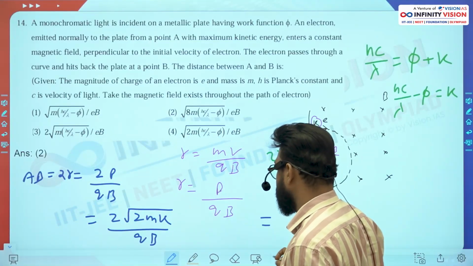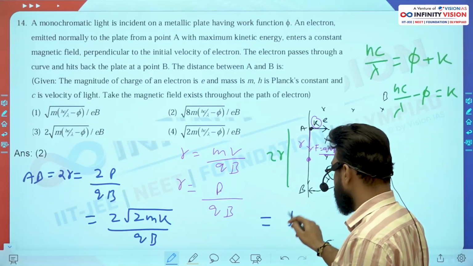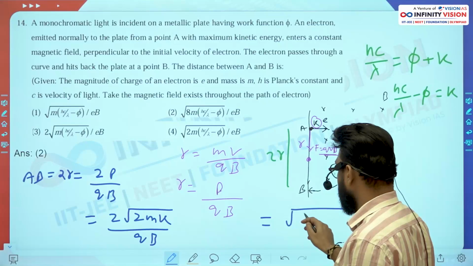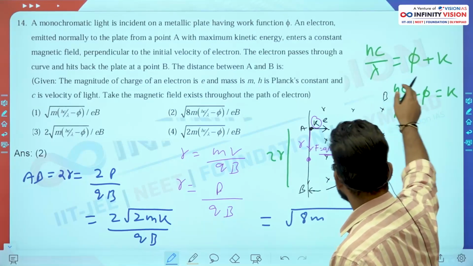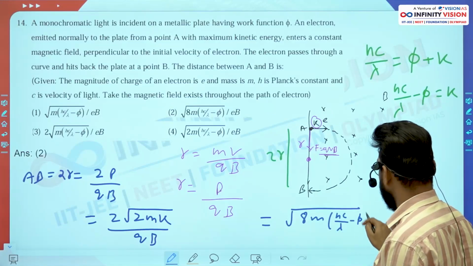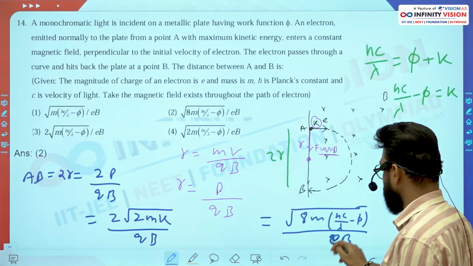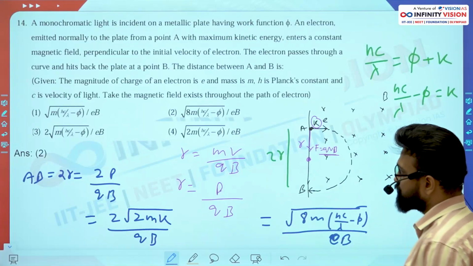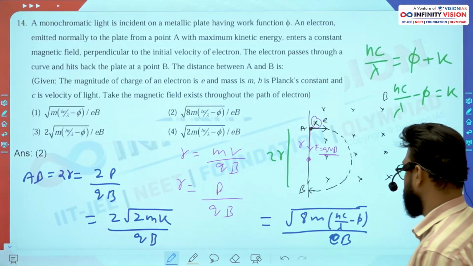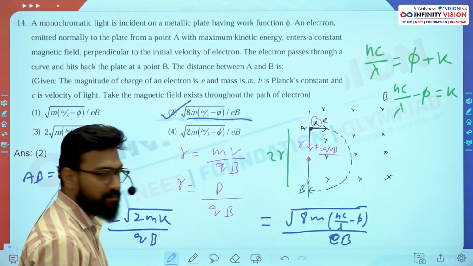Okay, from this the 2 is going to go inside, and we have 8m. Kinetic energy is given as hc by lambda minus phi, by e into B, as the charge of the electron is e. Which option are we getting? The second option is the correct option that we are getting.